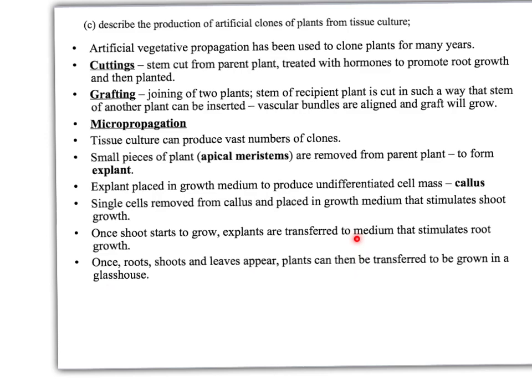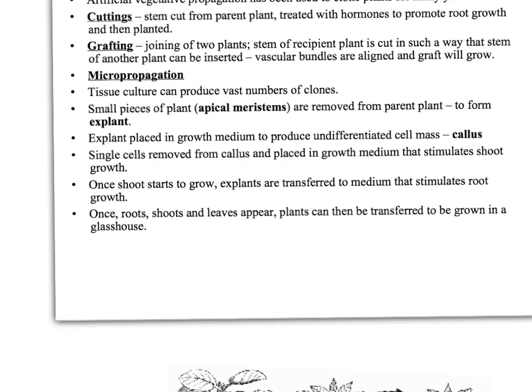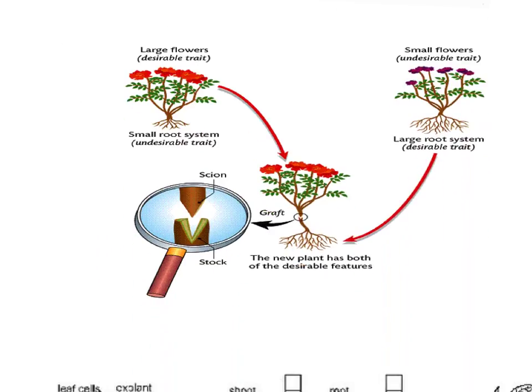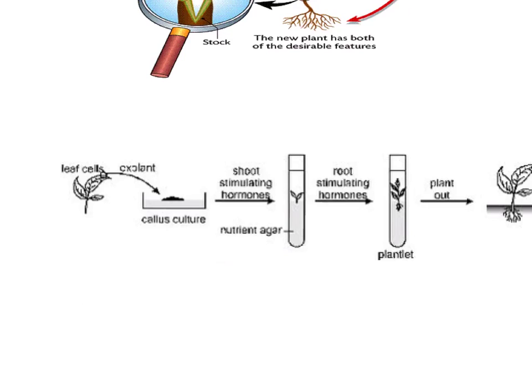So again, seeing all that in a diagram below here. Here I have cells, I've just used leaf cells here, but we tend to use meristematic cells of some sort. We put that into a culture which promotes the growth of a callus, which is a ball of undifferentiated plant cells. We can separate those cells and insert them into growth media.